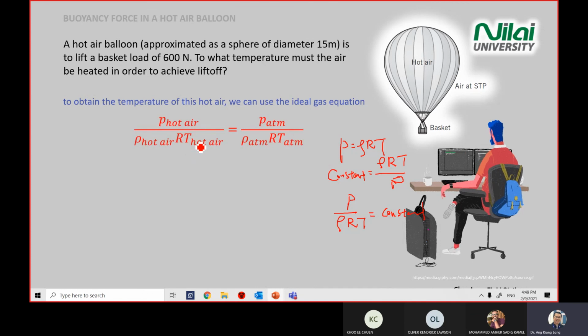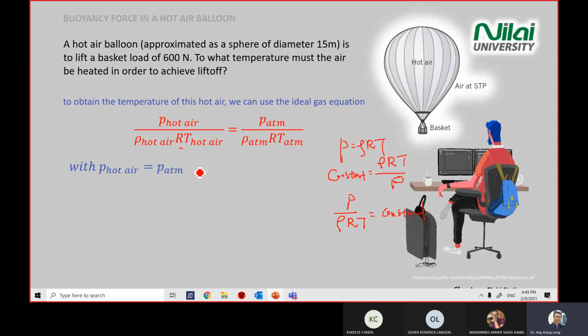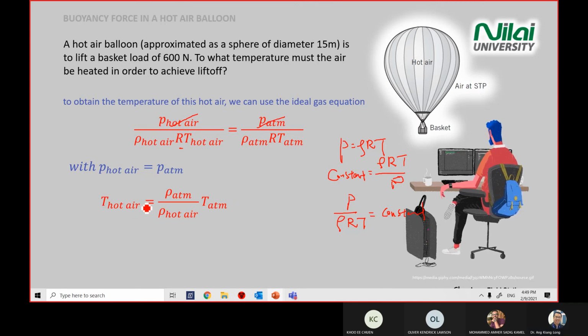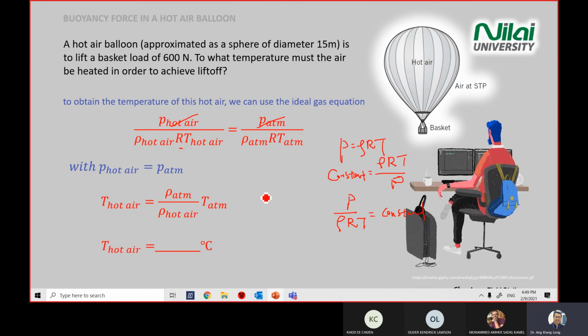So just be careful on the notation here. Here, our atmospheric pressure will be the same as the pressure of our hot air, so we can cancel these two. Then you rearrange for the temperature of your hot air, divided by the ratio of your rho ATM divided by rho hot air.